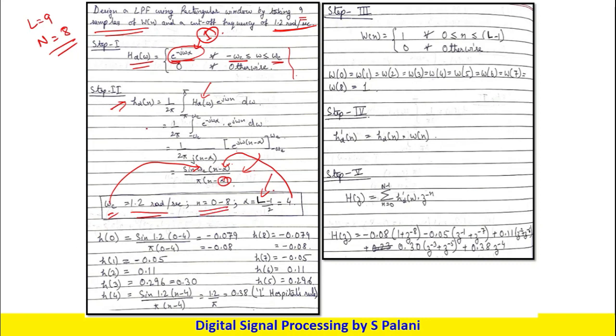You just vary the values of n and you get these h(n) values. Now herein, when n is equal to 4, the numerator would become 0, also the denominator would become 0. So due to that reason, when we are calculating h of 4, we have to apply L'Hospital's rule.